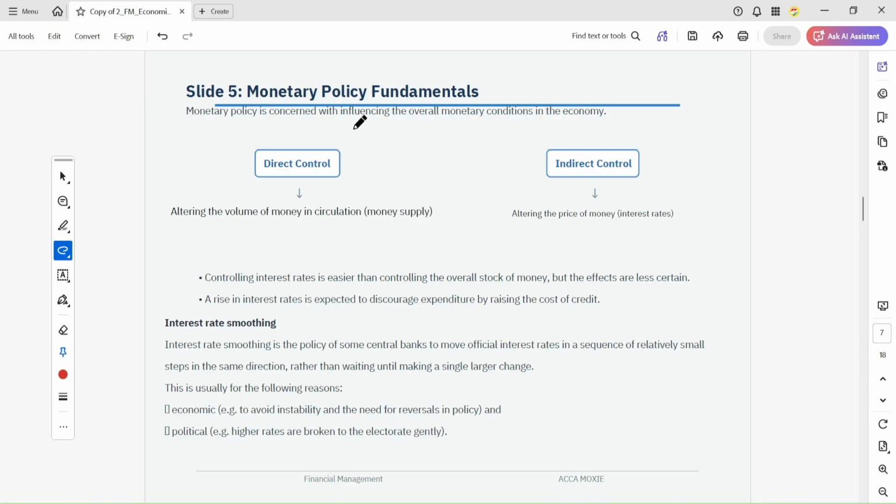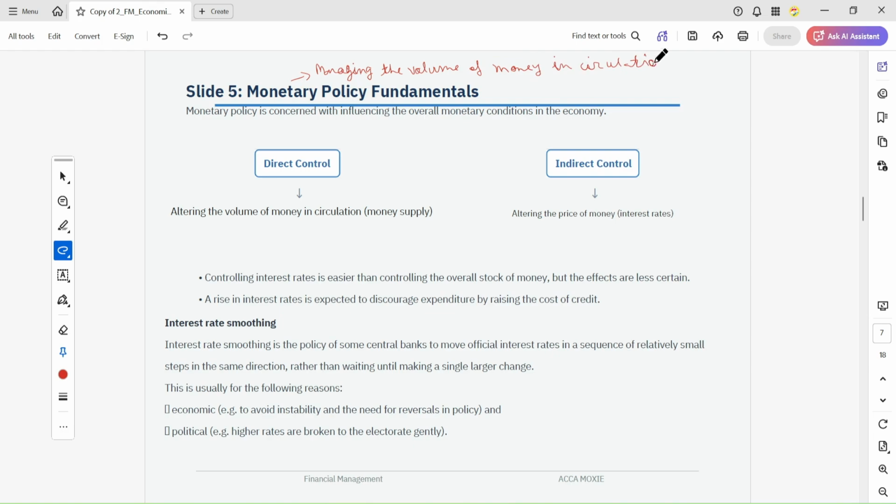First we understand what monetary policy is. Monetary policy is managing the volume of money in circulation.